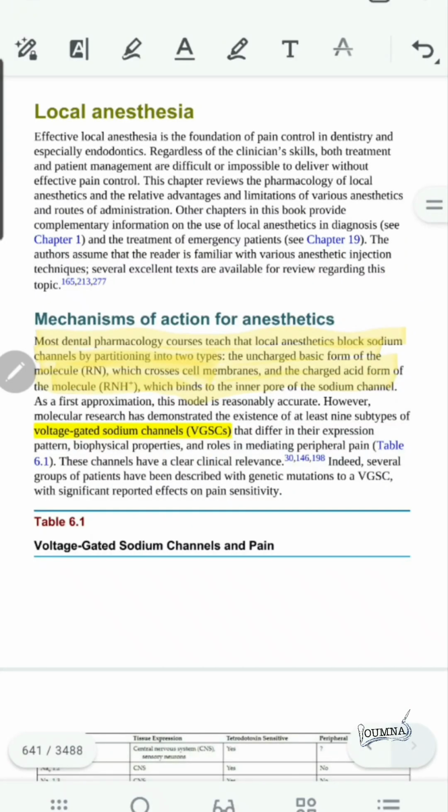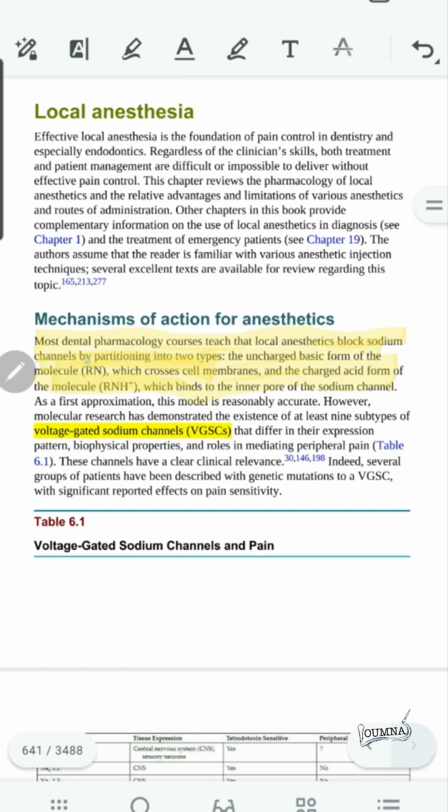So, anesthesia affects the nerve fibers by blocking the sodium channels by the molecules of the anesthetic solution, which are the RN and the RNH+, molecules that form when the pH of the medium is acidic.